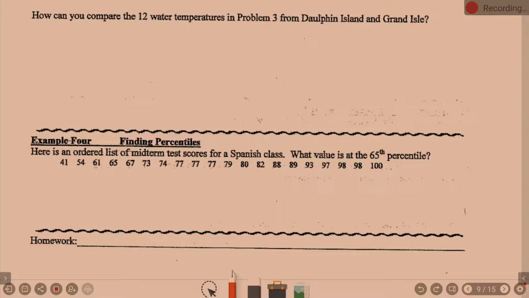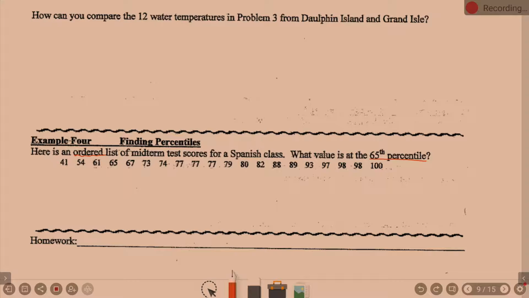So, right here. First of all, notice they were so nice. Here is an ordered list of midterm test scores for a Spanish class. What value is at the 65th percentile? So we want to know what value marks the point where 65% of the data are less than that value. Now, first thing we need to know, how many scores are here?